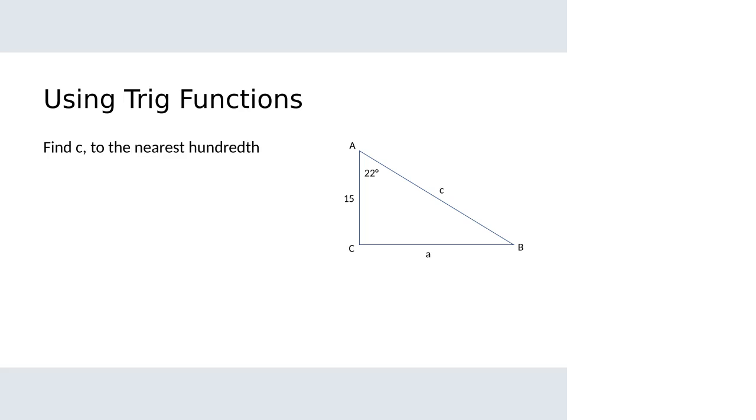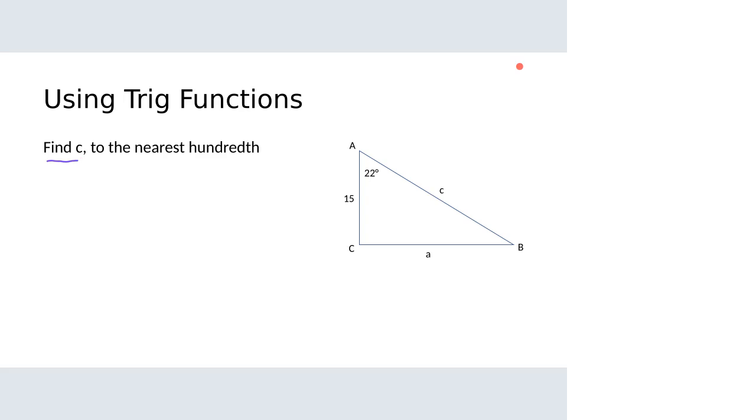We have that same triangle over here, 22-degree angle, and we know that side length AC is 15. This time, we're asked to find side C. So we're still working with angle A. Side C is my hypotenuse.